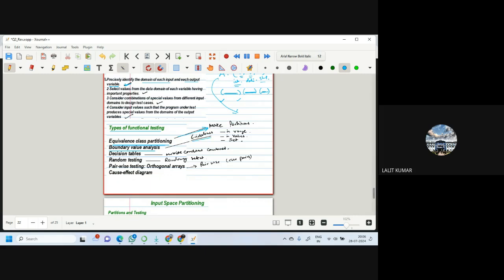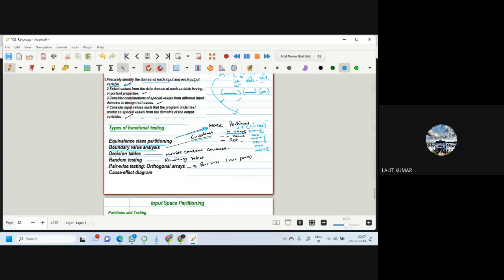If the partition is in range, for example, from 1 to 100, one partition, then it is very, very important that we check min minus epsilon, maybe something like 0.5, at min, plus epsilon, for example, 1.5, then at max minus epsilon, at max, and at max plus epsilon.